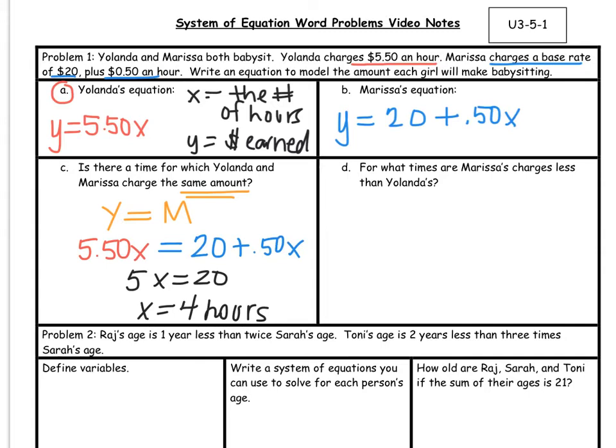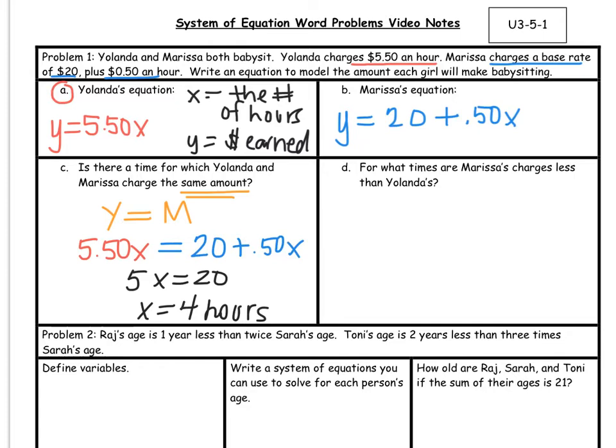Letter D, for what times are Marissa's charges less than Yolanda's? Again, I showed you how to use the table on your TI-84 to determine the times that Marissa charges less than Yolanda. Yolanda has a higher rate of change or a higher slope.